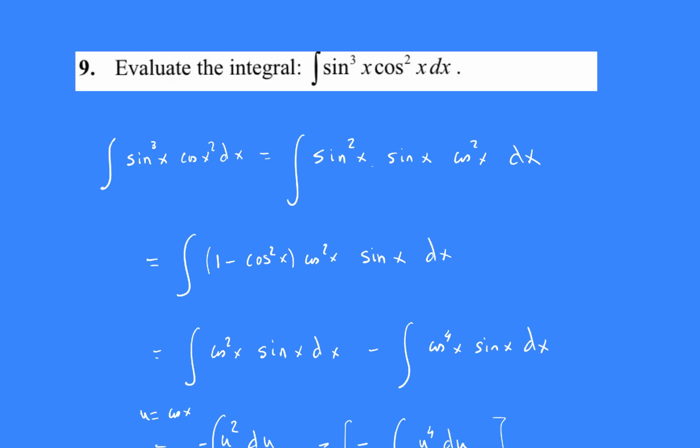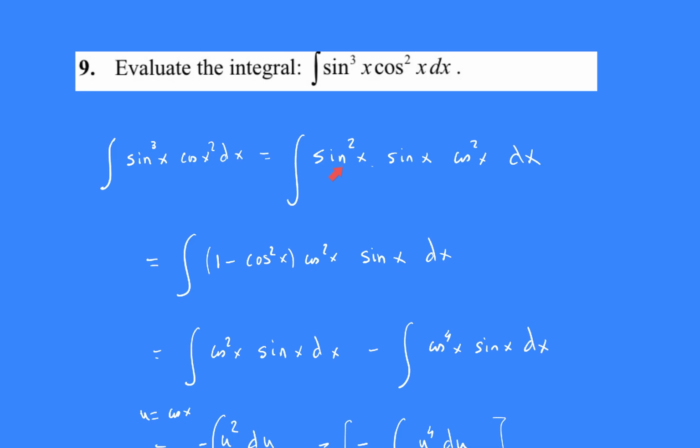This is the manipulation that we do to make the integral appear in an easy way. Sine cubed is sine squared multiplied by sine. We decompose the sine cubed into sine squared multiplied by sine, cosine squared of x dx. Now, we replace sine squared of x by a trigonometric identity.